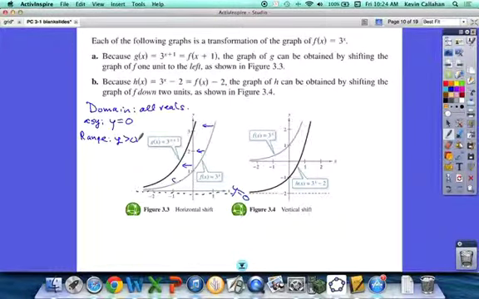Now on this one, we're graphing 3 to the x minus 2. The minus 2 is coming after the function. What kind of shift is that? That's down 2. So every point on this graph is 2 down from the graph above it. Does that change the domain? No, that's still the same. Domain, all reals.